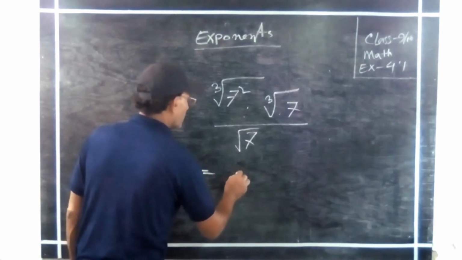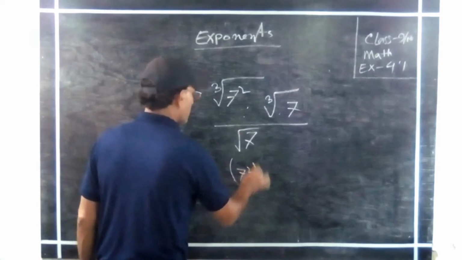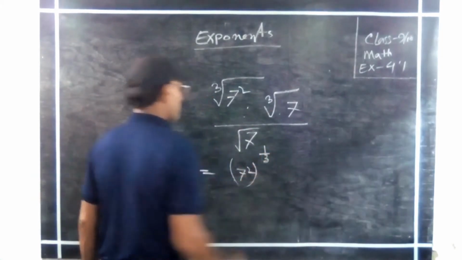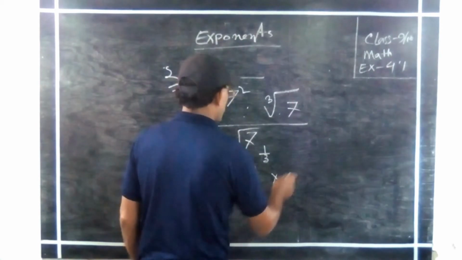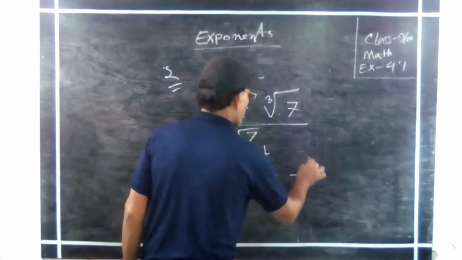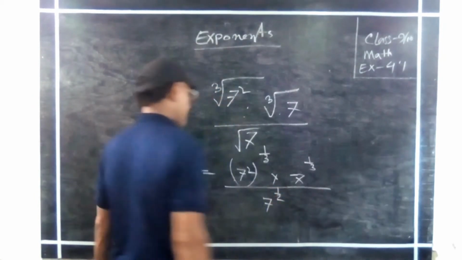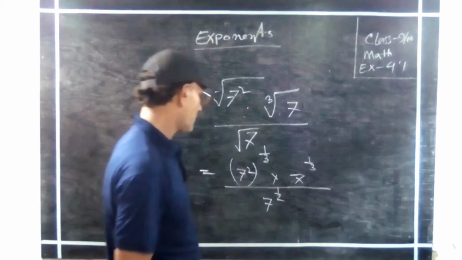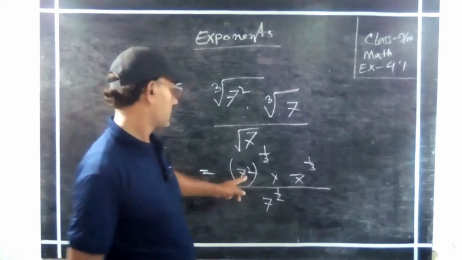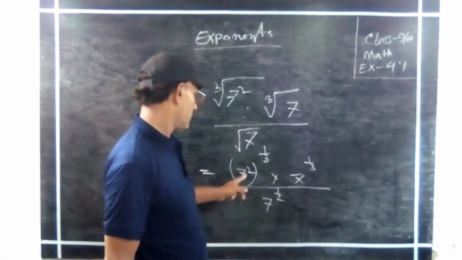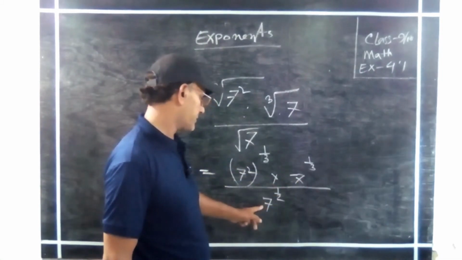We see here all the bases are 7. Their base is 7 and their base is 7.